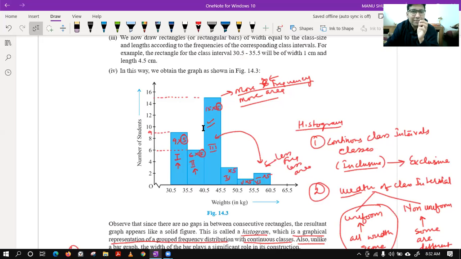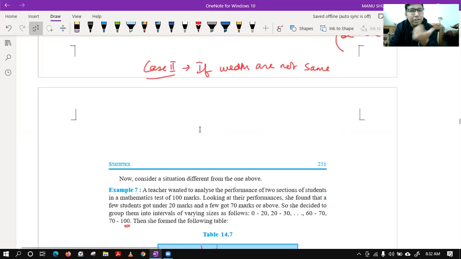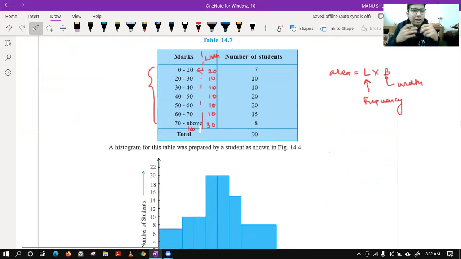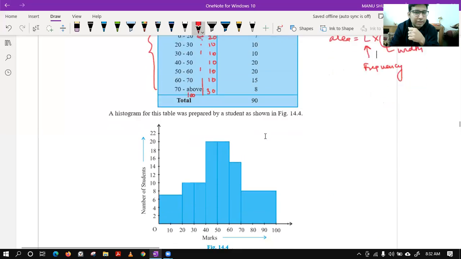Breadth was same as it is. So only frequency was responsible, and therefore we were not looking at anything. We were just happy and we finished the work. But now this breadth is also having equal say in this histogram. And let's see how it changes the conditions.